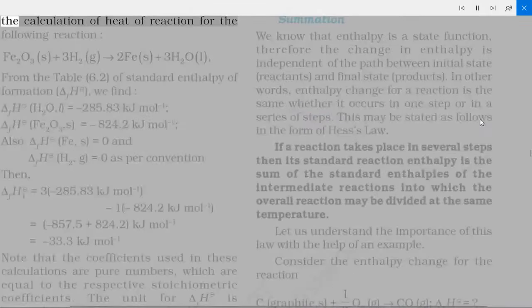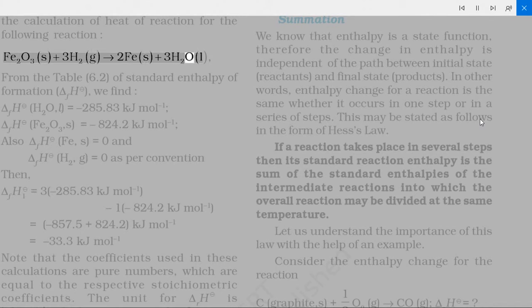To illustrate the concept, let us consider the calculation of heat of reaction for the following reaction: Fe2O3(s) + 3H2(g) → 2Fe(s) + 3H2O(l). From Table 6.2 of standard enthalpy of formation, we find ΔfH°[H2O(l)] = −285.83 kJ mol⁻¹, ΔfH°[Fe2O3(s)] = −824.2 kJ mol⁻¹, also ΔfH°[Fe(s)] = 0 and ΔfH°[H2(g)] = 0 as per convention.